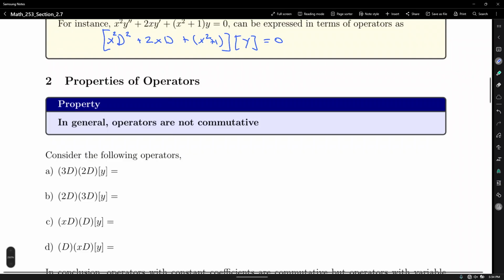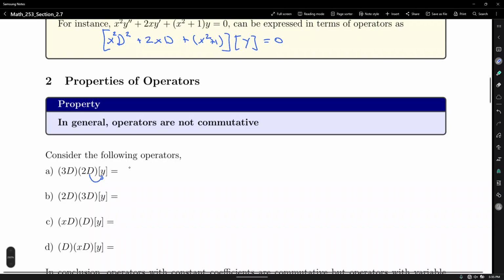Notice in this case we have a sequence of operators that we're going to apply to the variable y. And guys, how do we perform this operation? Order matters because we have the dependent variable here, which is where the operators are acting. So we do the operator closest to it first.